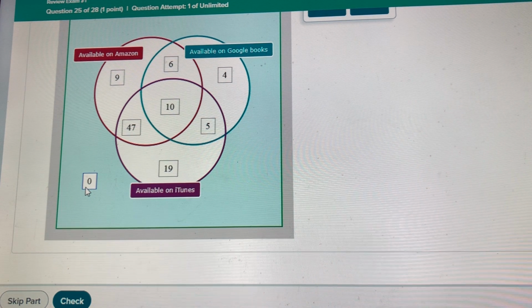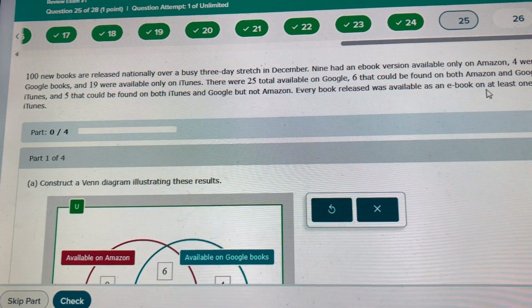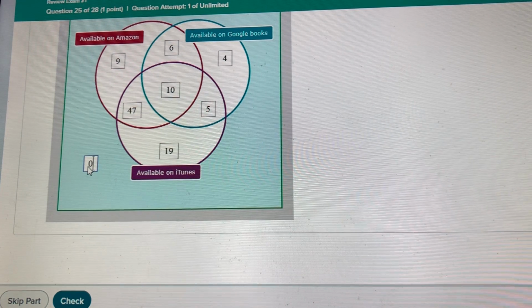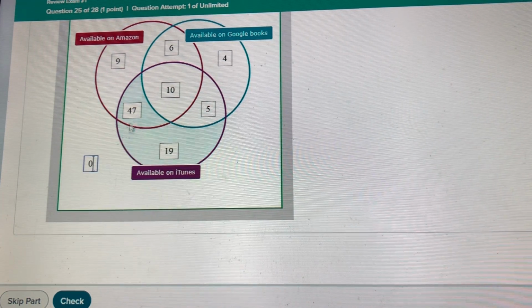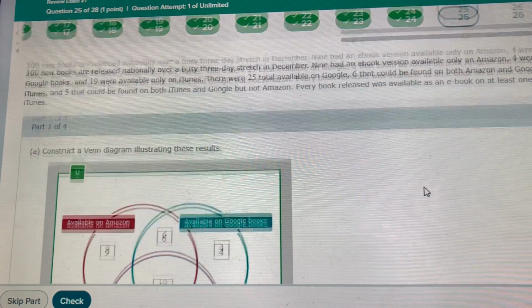So see, we know this outside number. I didn't see that last sentence was giving me a number. So by them writing this last sentence, they're telling you the outside is 0. And I knew these two had to add up to 47, but if this one's 0, then all 47 are right there, although that seems like a lot for one little section of the pie. But yeah, that's what it was.